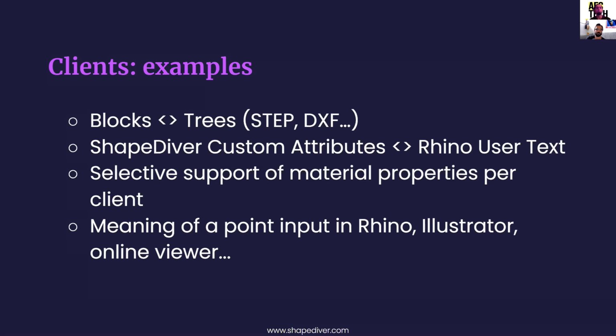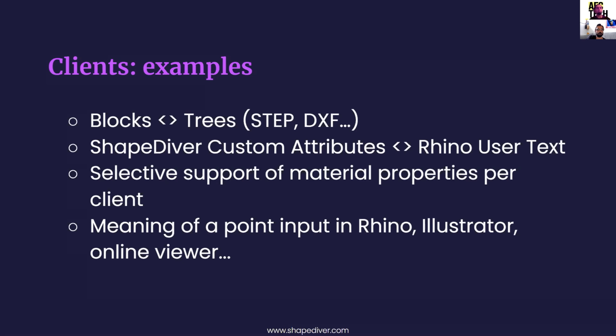Yeah, I just listed a bit, like I was throwing ideas a bit. So material, we have a reserved attribute for material, but obviously this is very different in different clients, and we can selectively support materials. And a last point that I had, just to keep giving an idea of the generic approach of these data types, is that even a point has a very different meaning in terms of how you manipulate it, how you input it, how you get it back, and what the feedback is when you get it back in your client.